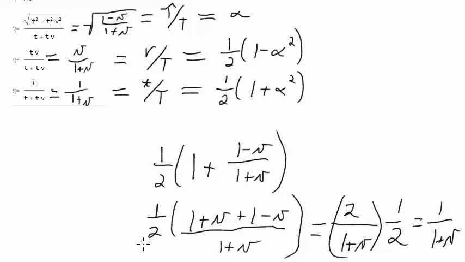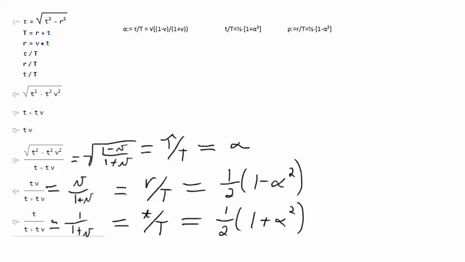Okay, I'd like to see if I can make this alpha term into a sort of trigonometric or hyperbolic trigonometry thing. And first of all, let's see what this rho is. Rho is r over T, which was this one. So let's call that rho.